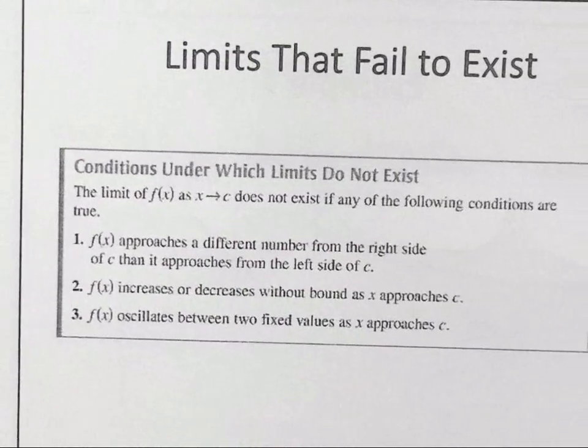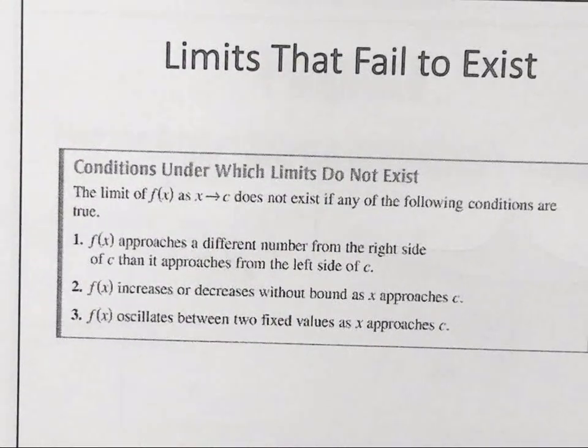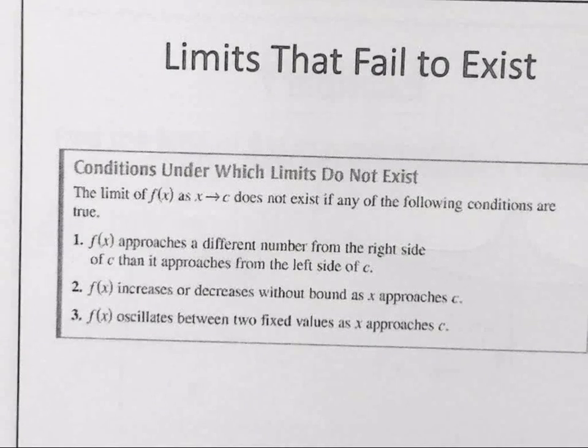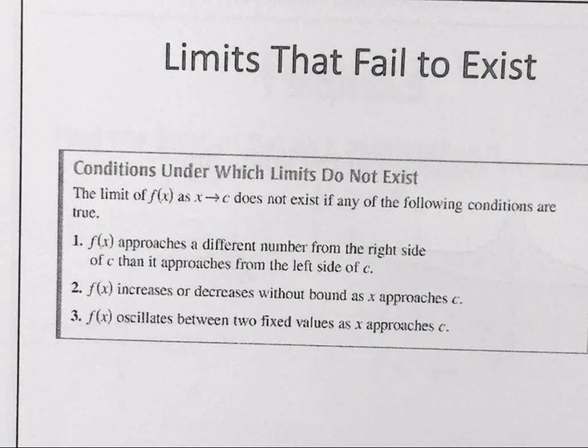Either it approaches a different value from the right as it does from the left, it increases or decreases without bound, in other words, it's asymptotic around there, or it oscillates between two fixed values as you approach C. Those are the ones that do not exist. Does that make sense?